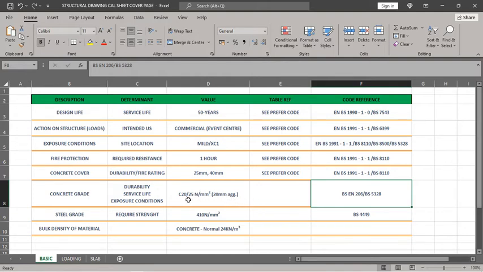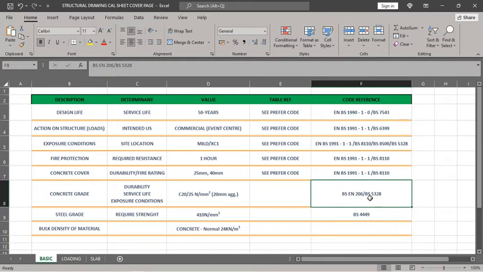So in this case, like I said, bringing it down to my environment, let's say I have a private client and I know the funding is from an individual. All the funding is coming out of his own pocket. And my service life is 50, so I want to use a concrete of 20/25. What it means is that cylindrical strength is 20 and the cube strength is 25.